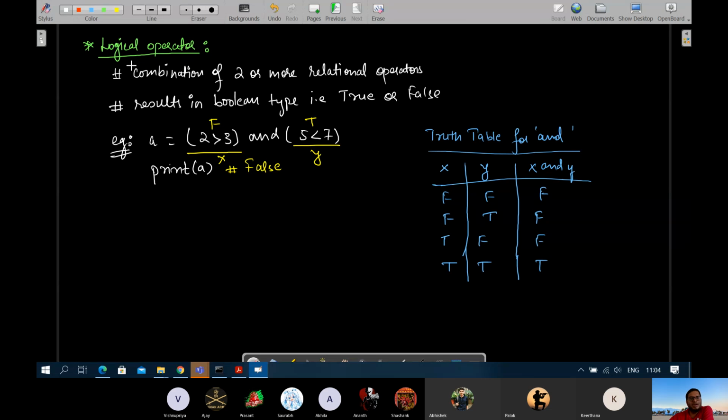अगर ऐसा लिख दूं, this is let's say example 1. A is equals to false and minus 3 is greater than minus 17.